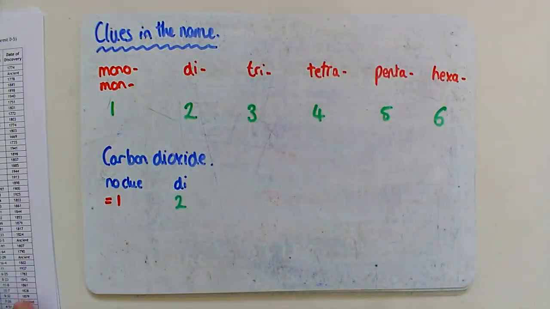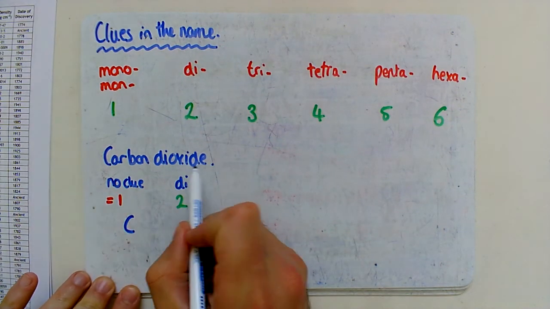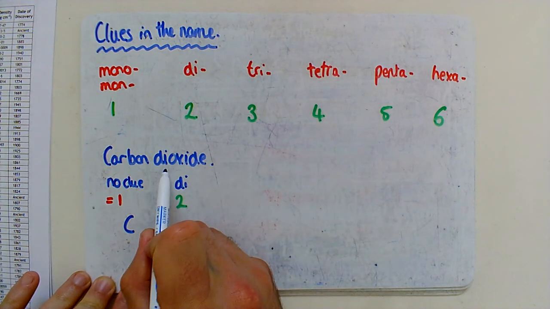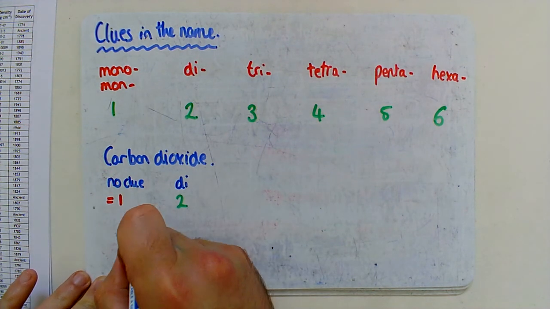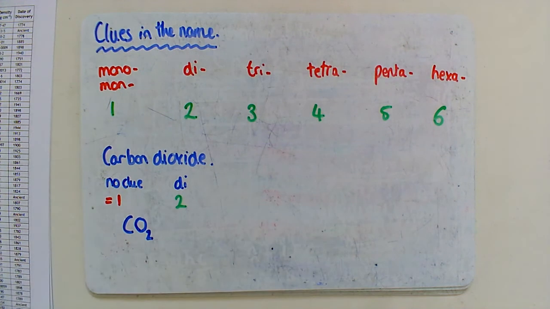If we look up carbon, the symbol is C. Dioxide, oxide means it's coming from oxygen, and the oxygen symbol is O. There are 2 oxygens, so we do CO2.